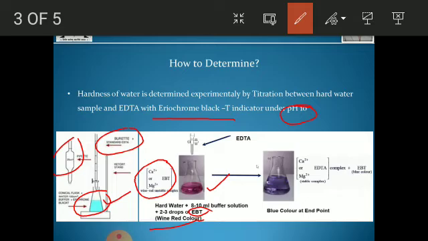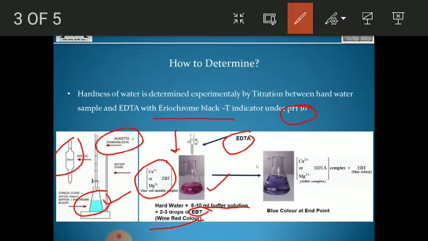Means before titration the color of the water sample becomes wine red. We have added 8 to 10 ml of buffer solution also. Then we have to start the titration, means we have to add EDTA solution ml by ml from the burette.